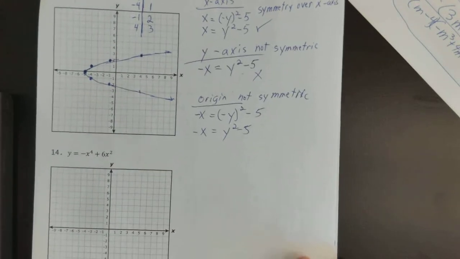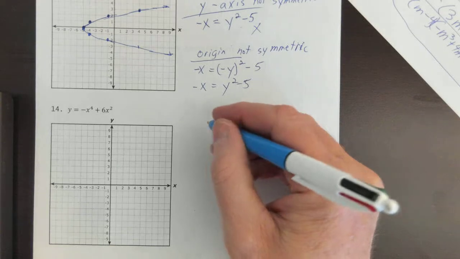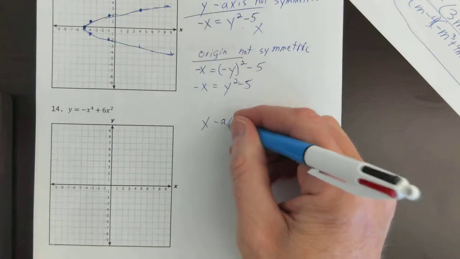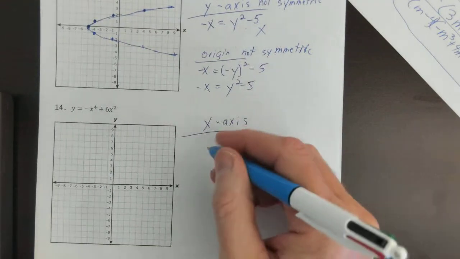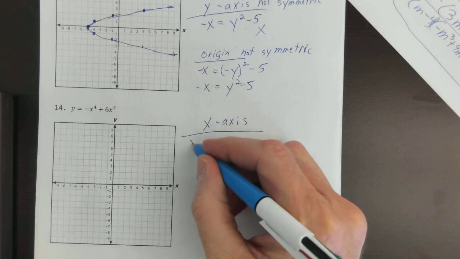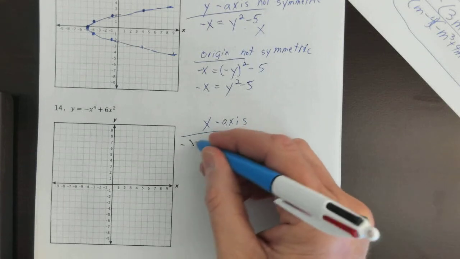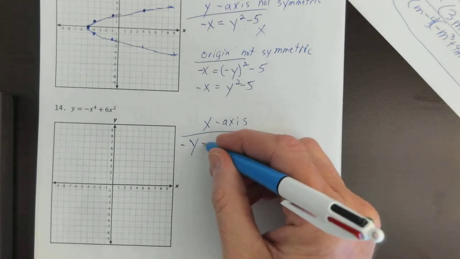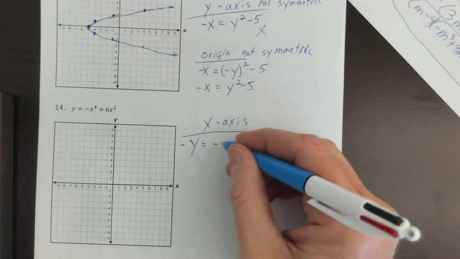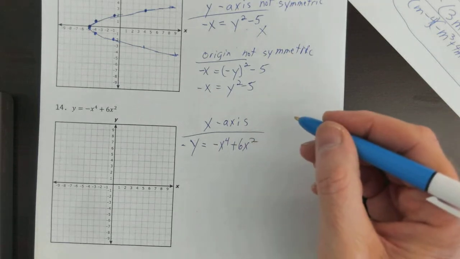Now number 14, x-axis. I've got to go negative y, right? Negative y equals negative x to the 4th plus 6x squared.